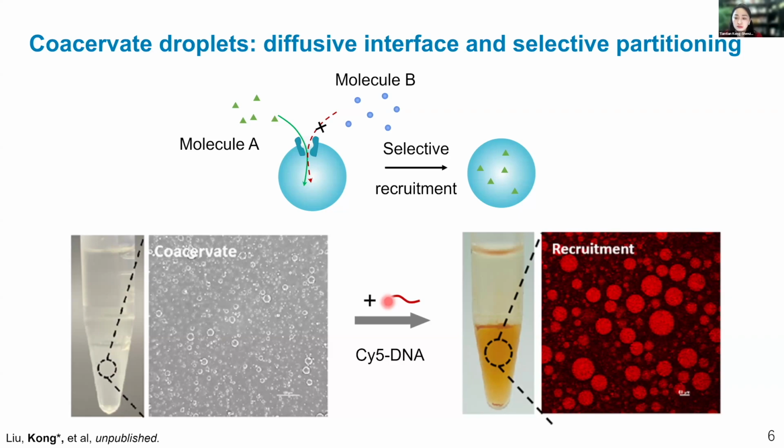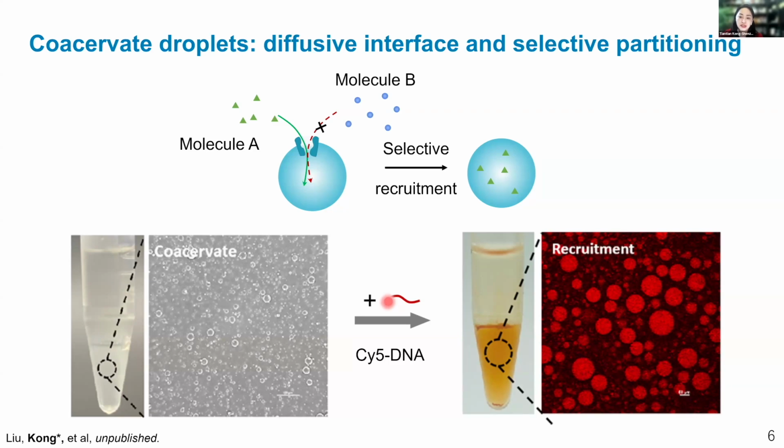The molecules can partition into the droplet only if they can favorably interact with the environment, or they can favorably interact with the specific scaffolding material already in the coacervate droplet. In other words, these coacervate droplets are not inert droplets.